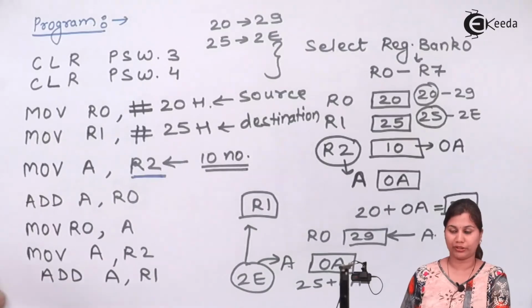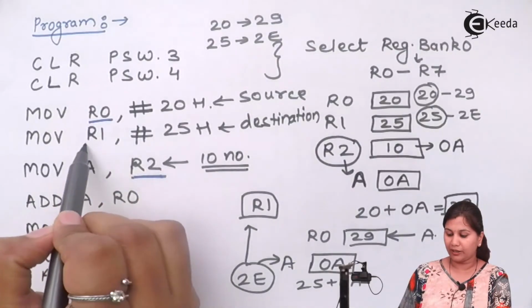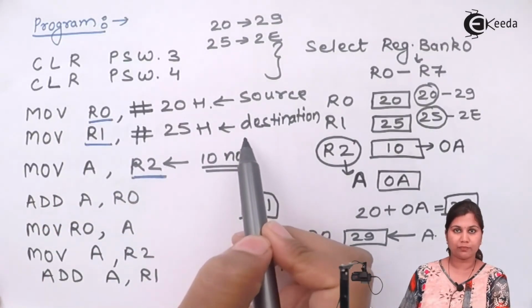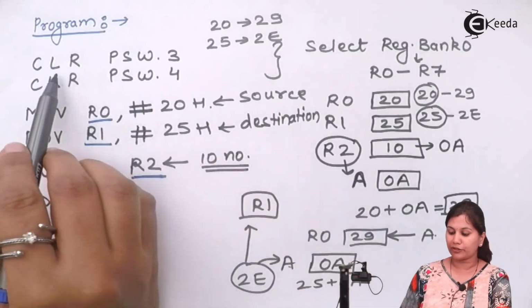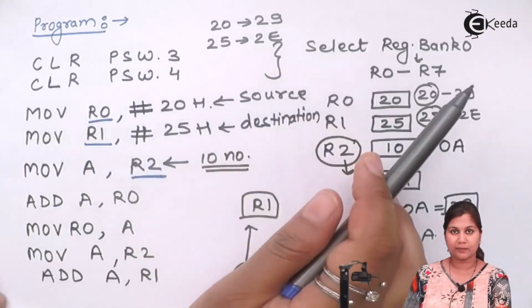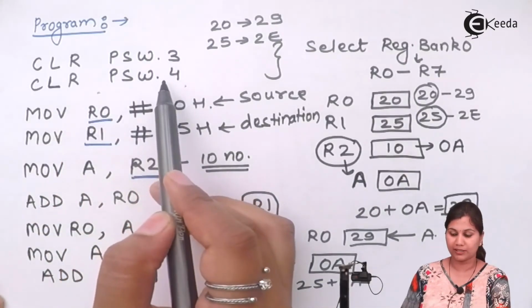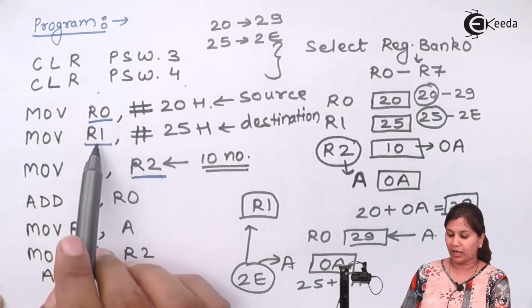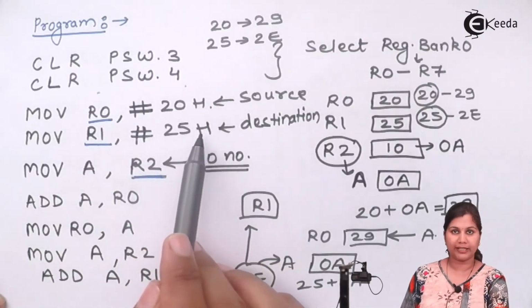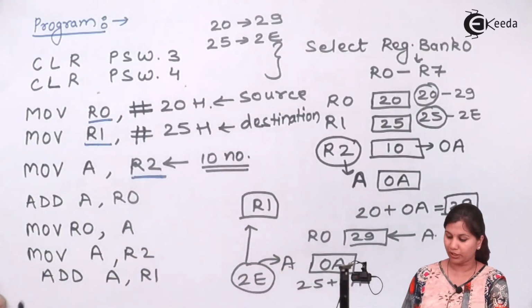That is already stored in it. Then R0 and R1 are the source and the destination memory location addresses. First of all, we have to select register bank 0. So we are clearing the third and the fourth bit of the program status word. Then in R0 and R1, we have loaded the source and the destination starting memory location addresses.